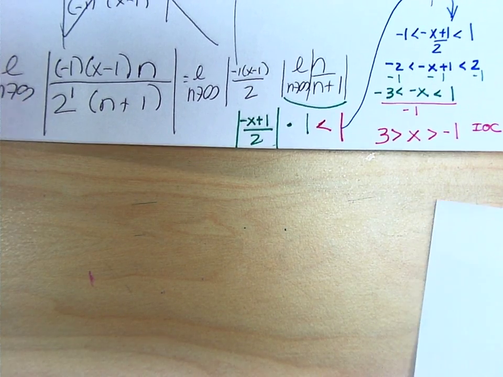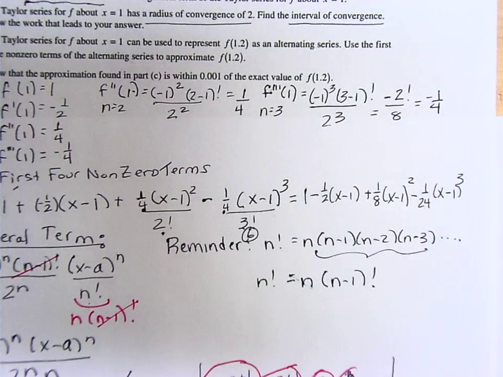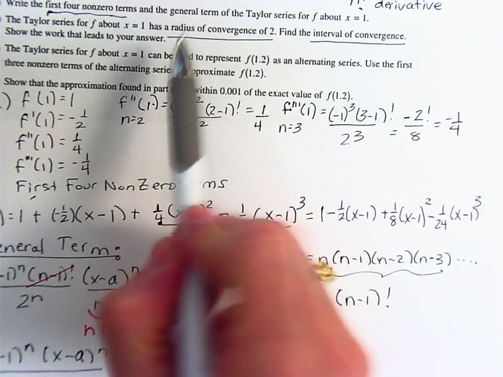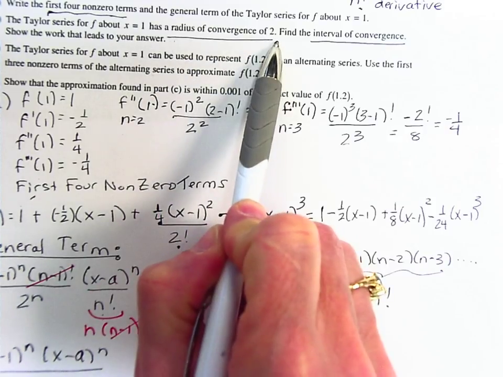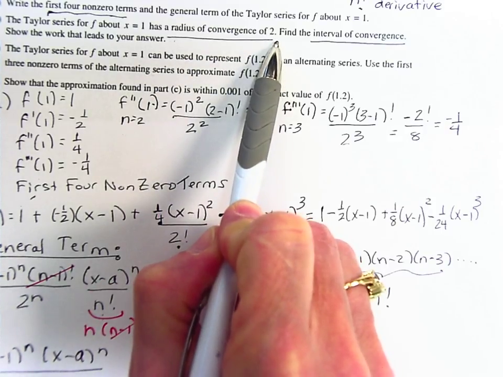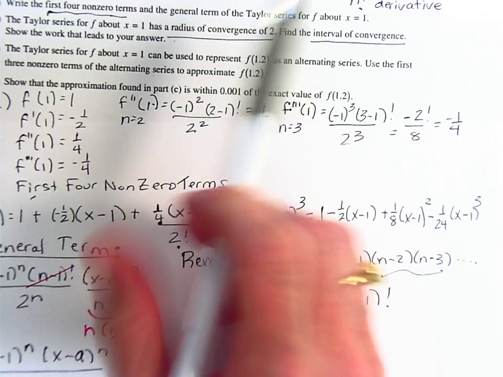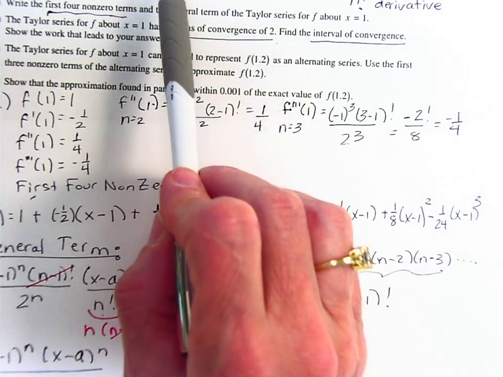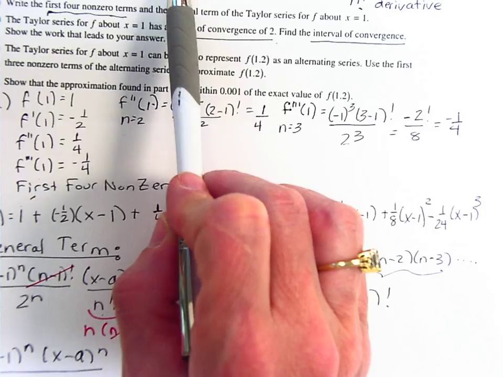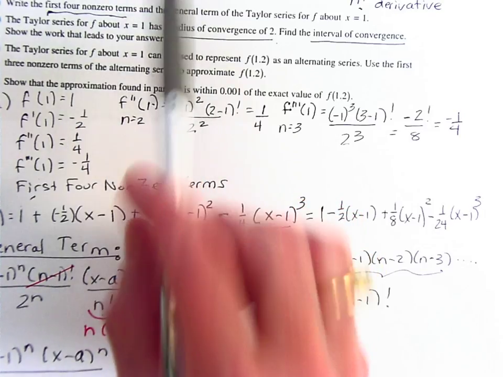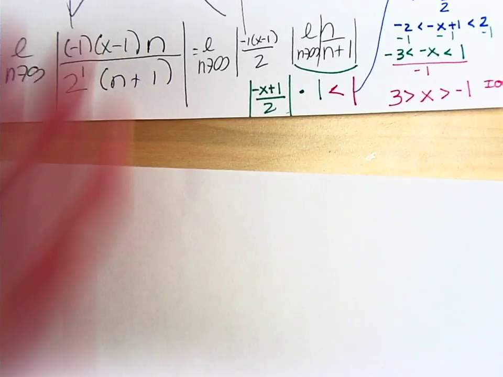Now, you were told earlier in the problem that the radius of convergence is 2, correct? If you are told the radius of convergence, and you're told you have a Taylor series about a number, or even if you have a Maclaurin series, you can find the interval of convergence this other way.